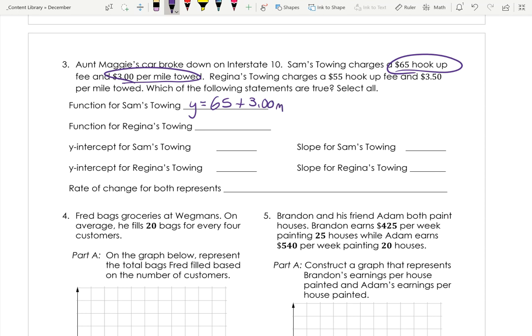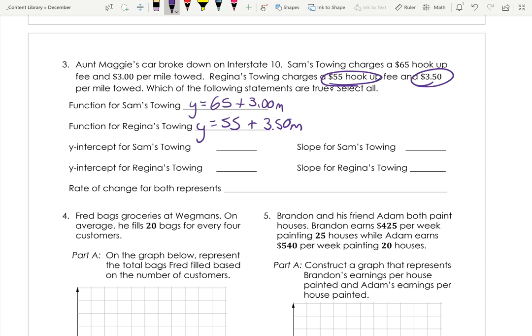So you can have the equation look like that, or you could write it as y equals $3 per mile plus 65. Either way is just fine. I'll leave it like this for now. So Regina's Towing is $55 hookup fee and $3.50 per mile. So it'll be $55 for the hookup fee plus $3.50 per mile.